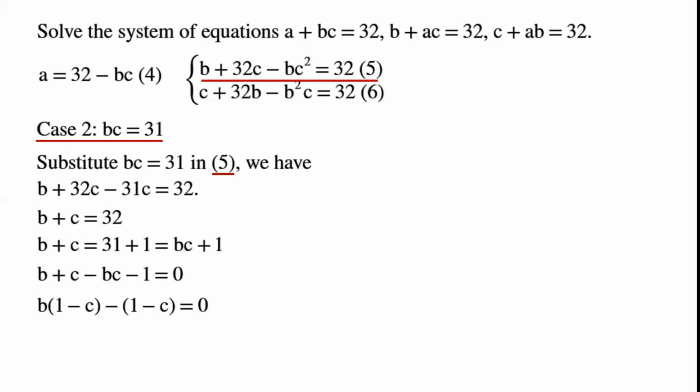We can factorize B and minus BC and write B times (1 minus C). We can write C minus 1 as minus (1 minus C).